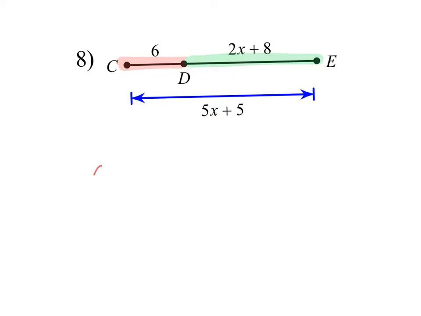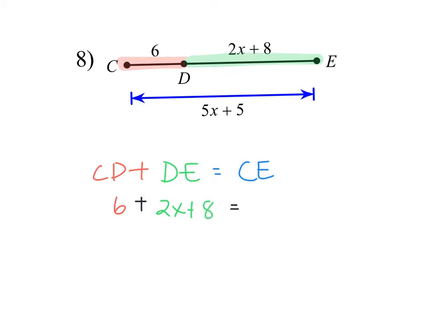So that means CD plus DE equals the whole thing, which is CE. And now we just fill in the gaps. We know CD is 6. We know DE is 2x plus 8. And we know CE is 5x plus 5.